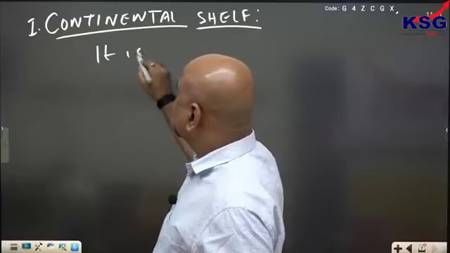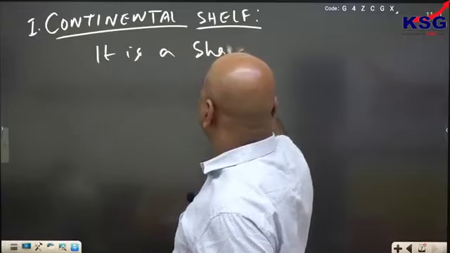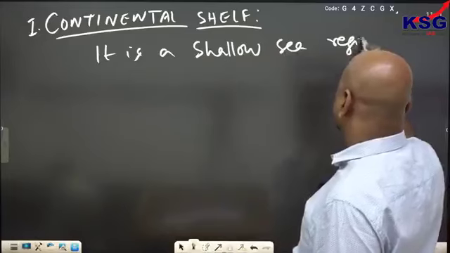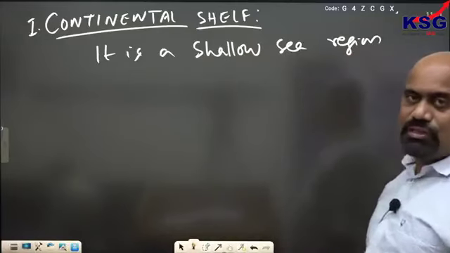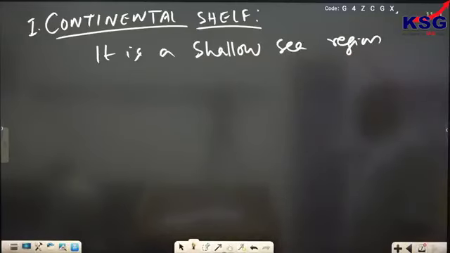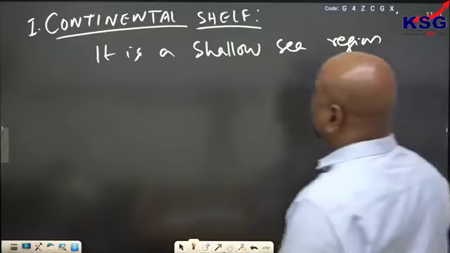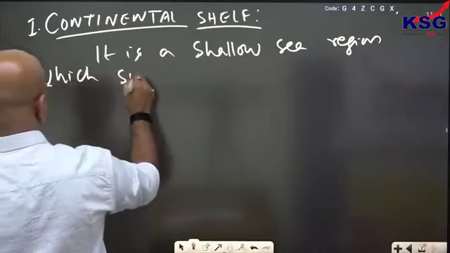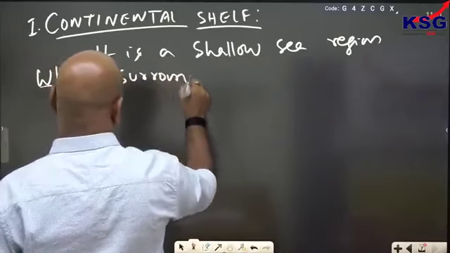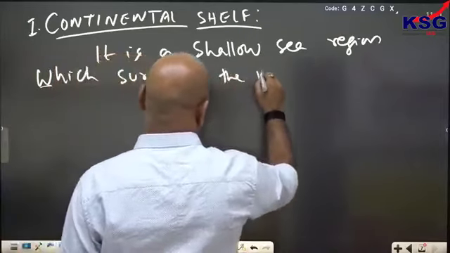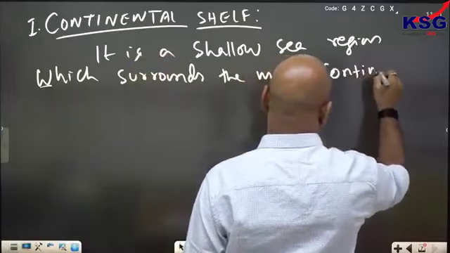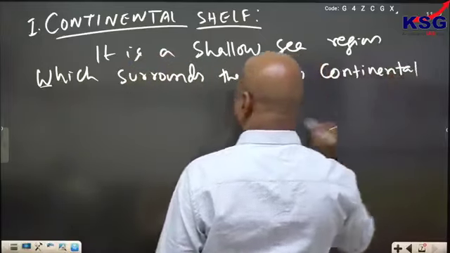So you can say that it is a shallow sea region. Okay, it is a shallow sea region which surrounds the main continental landmass.